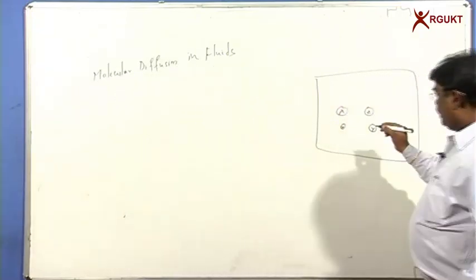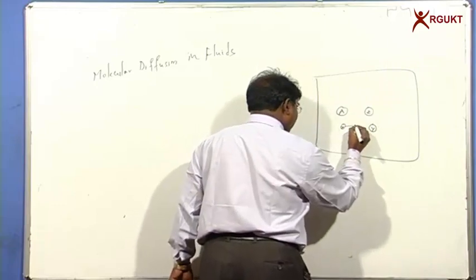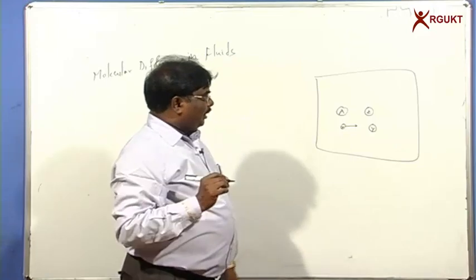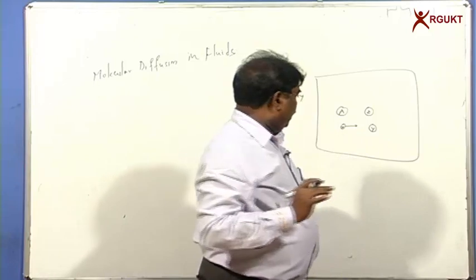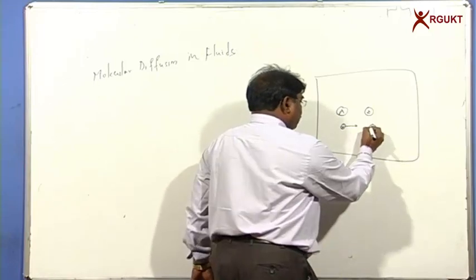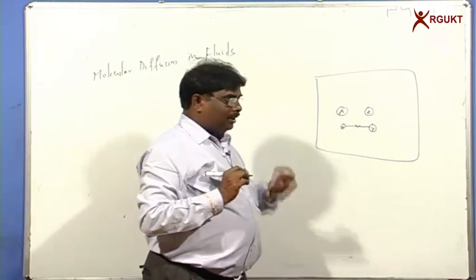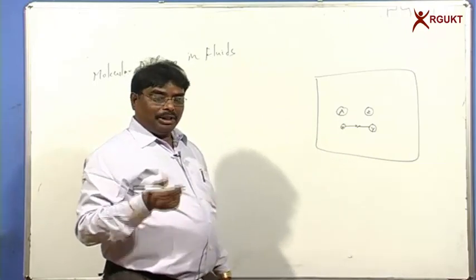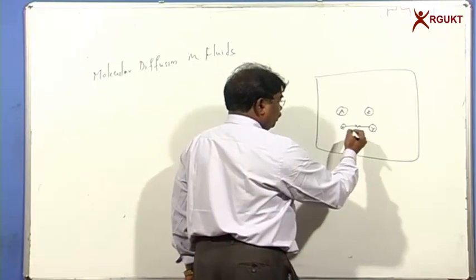Because of this kinetic energy, the molecule is moving in this direction. And your kinetic theory of gases says that the molecules are always moving in a straight line path. But at the same time, this molecule is also moving in another direction. These two molecules now collide with each other. When the collision has occurred, the direction and the velocity of the molecule are going to change.